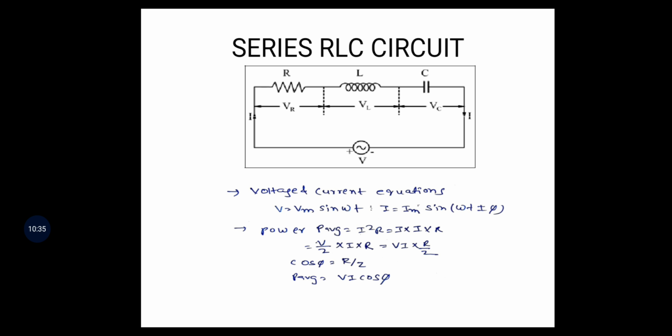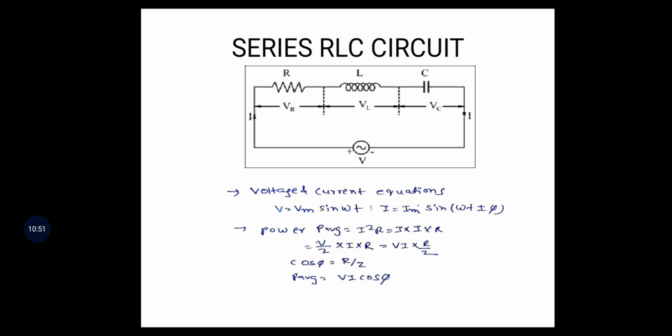This is the average power. Here cos phi equal to R by Z is called the power factor of the series RLC circuit.